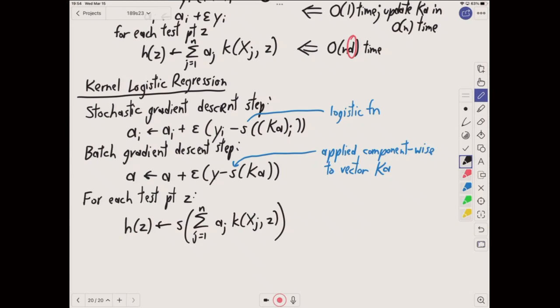But if all you want is classification, is this point in class C or is it not, you can actually leave out the S, because all you need is the sign of this sum, in which case this becomes exactly the same as in the perceptron algorithm. But if you want posterior probabilities, then throw on that logistic function at the end. Any questions about that?